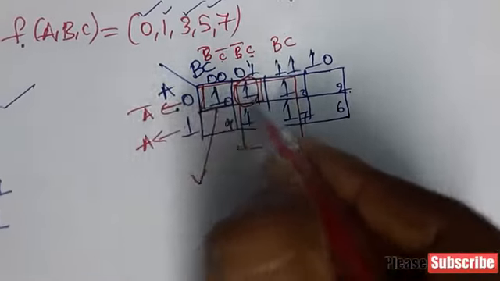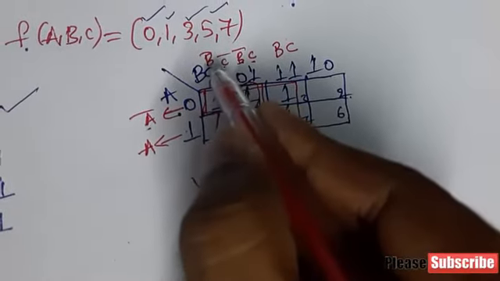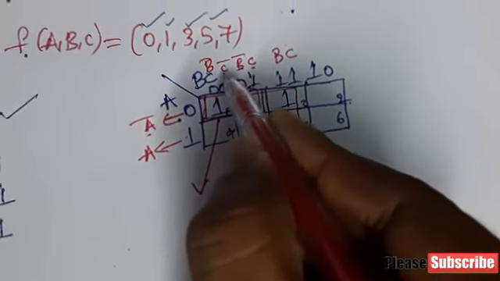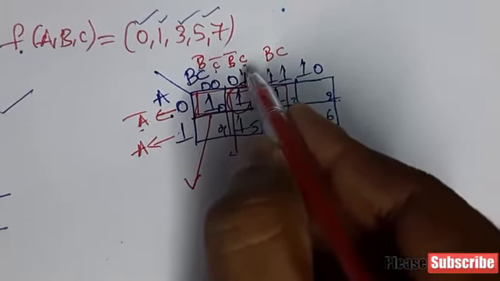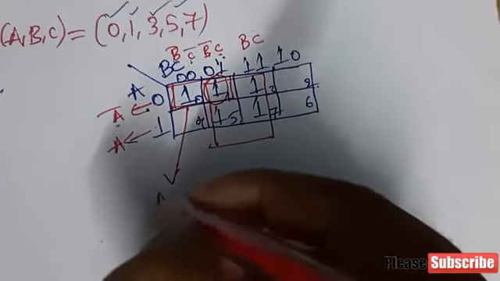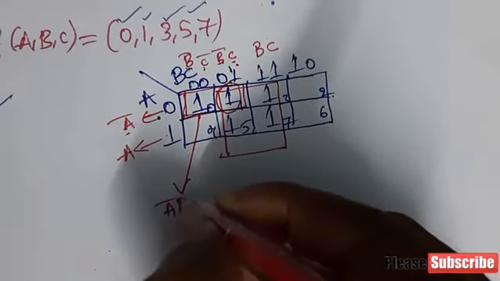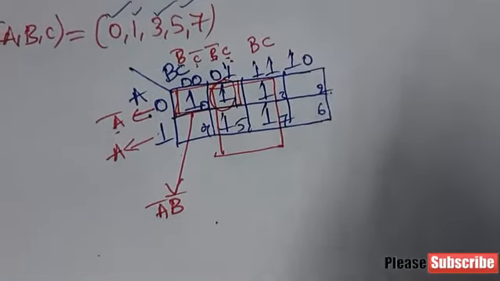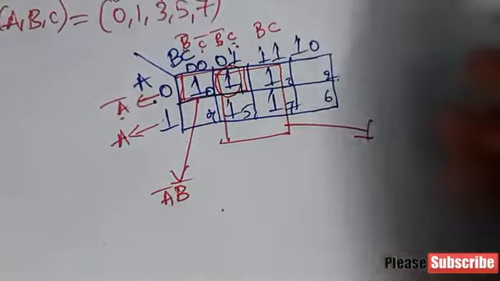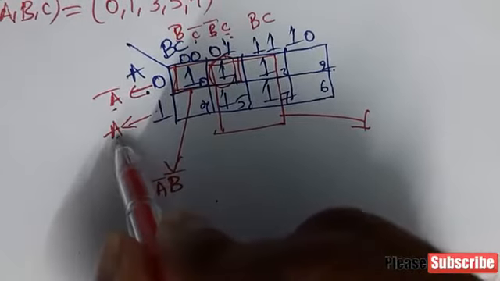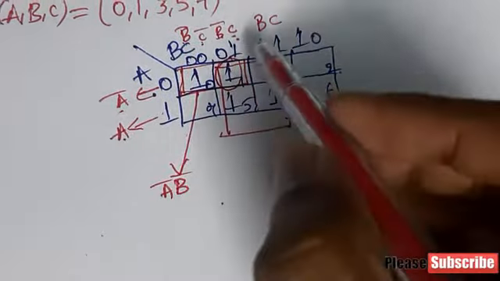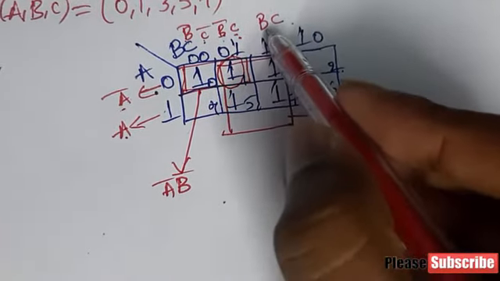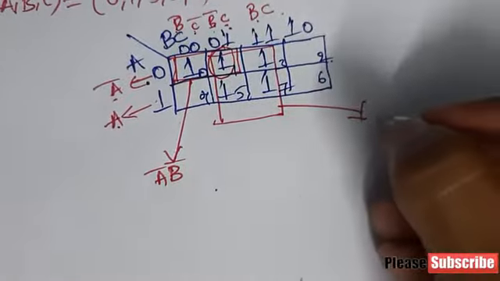Here if you take B bar common, you get C plus C bar, that means 1. The answer will be A bar B bar. Here A plus A bar is 1. If you take C common, B plus B bar gives 1. Hence the answer will be C.